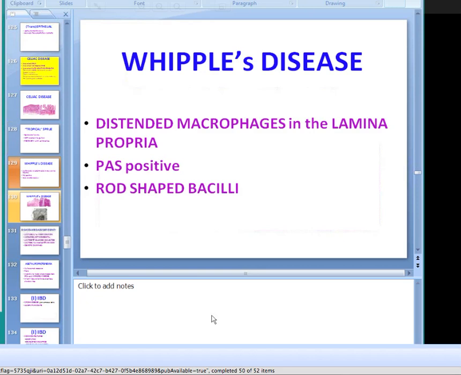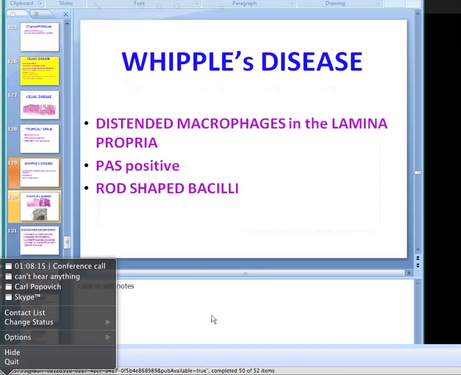Here is a pretty rare sort of primary small bowel malabsorption disease, but you have to know about it. It's called Whipple's disease. And Whipple's disease, like celiac disease, shows inflammatory changes in the small bowel mucosa.